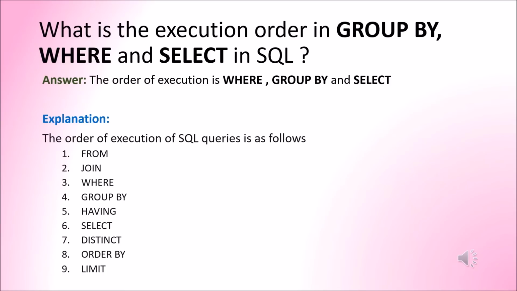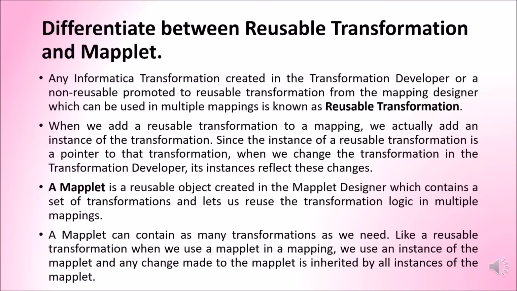The next question is, what is the difference between a reusable transformation and a mapplet? Basically, these two objects we use for reusability purposes only, but there is a small difference. I'm going to explain the difference now. If you want to use a transformation multiple times in multiple mappings, you will create a reusable transformation.